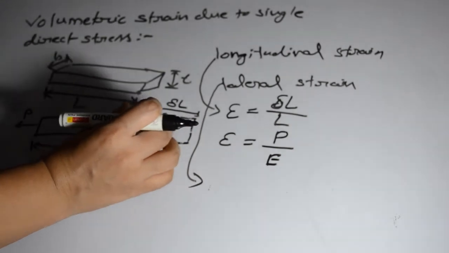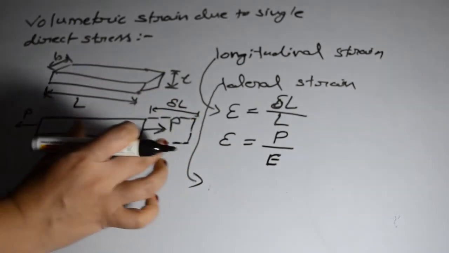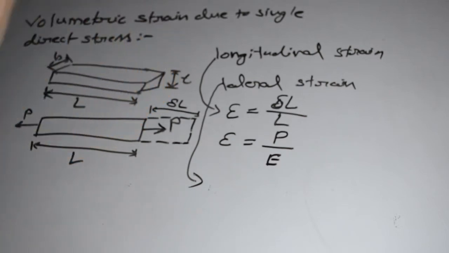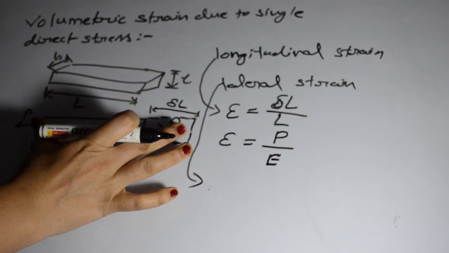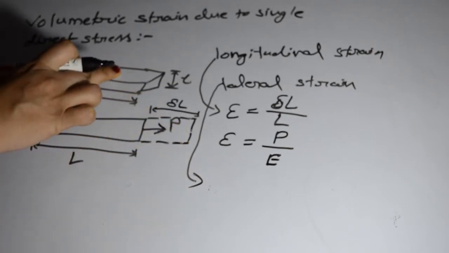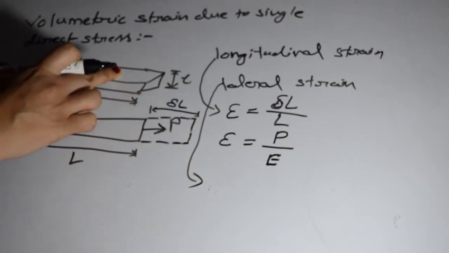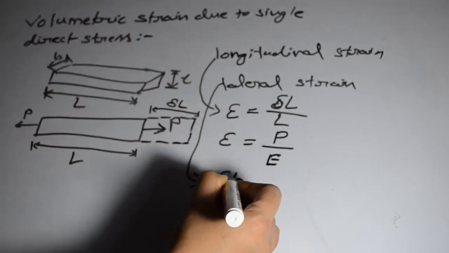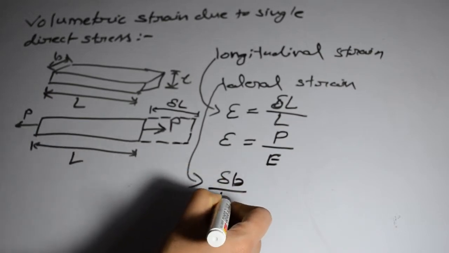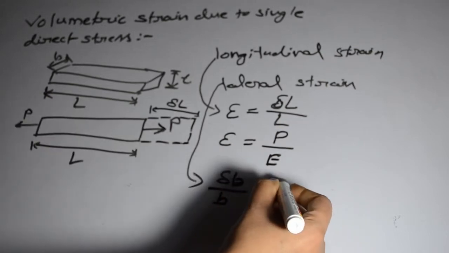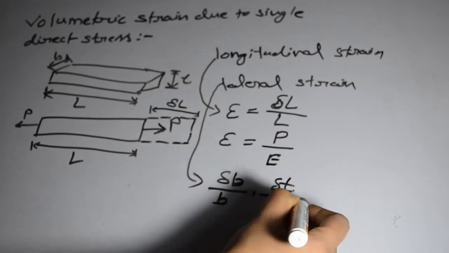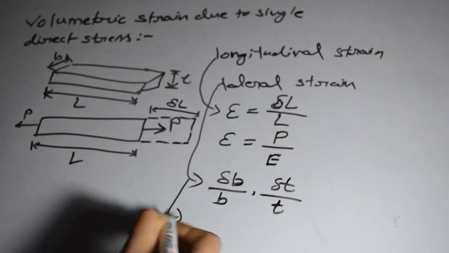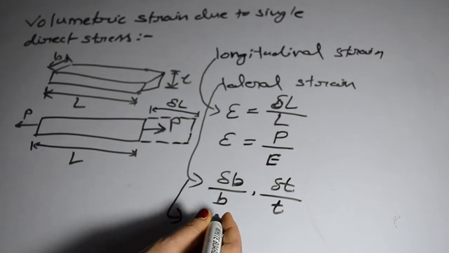Here the length is increasing because of this tensile force in the longitudinal direction, but its width and thickness will decrease because of this action. This type of strain is generally called lateral strain. So we will consider the lateral strain as delta B, the change in width, by original width, or change in thickness by original thickness, or we can write it as per Poisson's ratio.